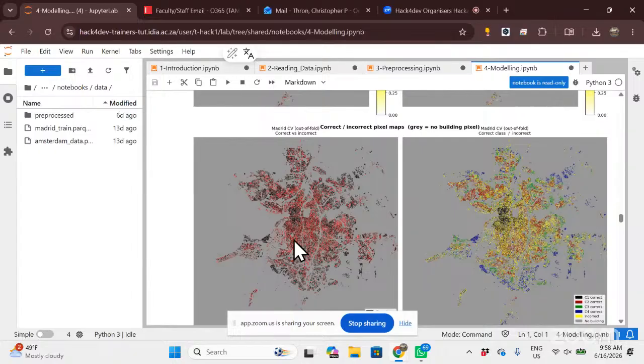There are a lot of them, but they're kind of scattered. We're getting some correct, and there are some areas where it's quite good, like in here, and down here, it's very good. There are some areas where it's having trouble. And then these are showing the colors here. The yellow are the incorrect ones, and the correct ones are mapped according to color.